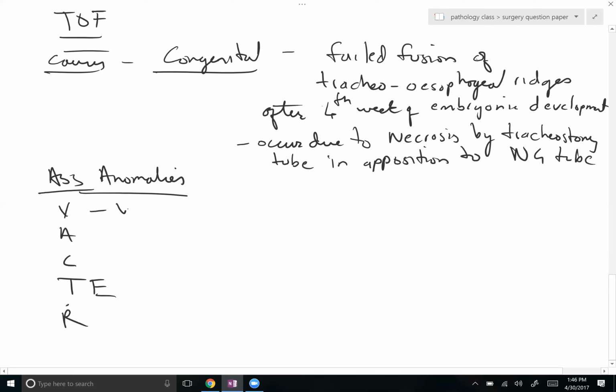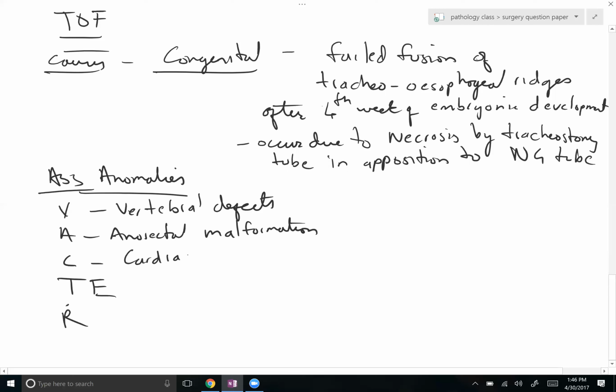First is vertebral defects. It can be associated with anorectal malformation. Next, it can be associated with cardiac defects, basically patent ductus arteriosus or ventricular septal defect.